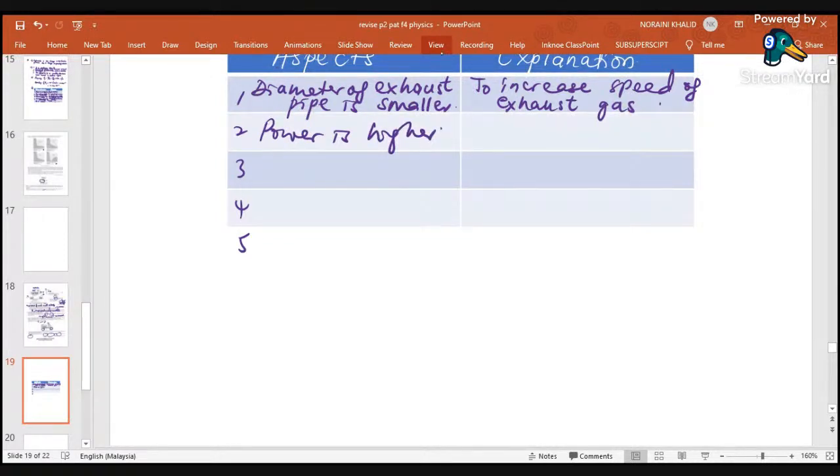Higher power means the force produced is increased, the force is larger, so it will move faster.